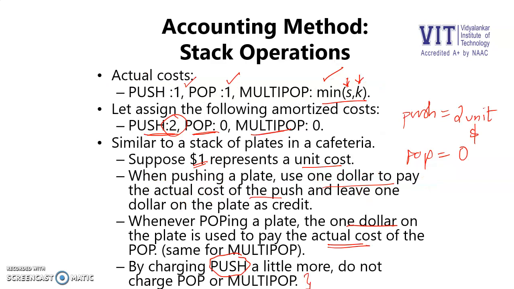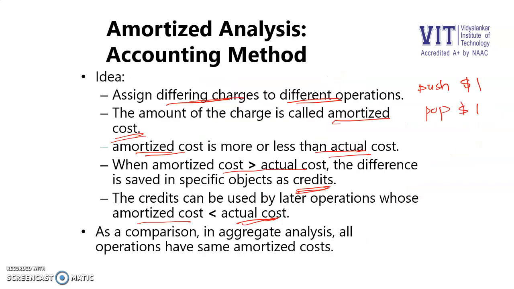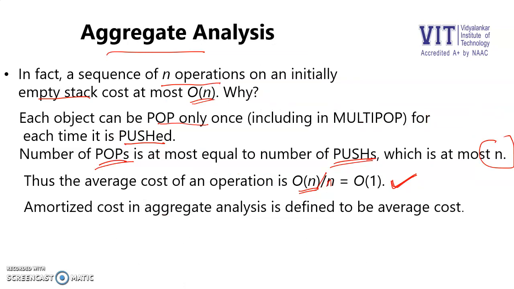Again, what we are doing is averaging out the cost so that the average cost of each operation is overall low. Now, what is the intention? Be it accounting method or aggregate analysis, what it is saying is you try to average out first, find the cost of an operation, divide it by n in aggregate. So we are averaging out cost for n.